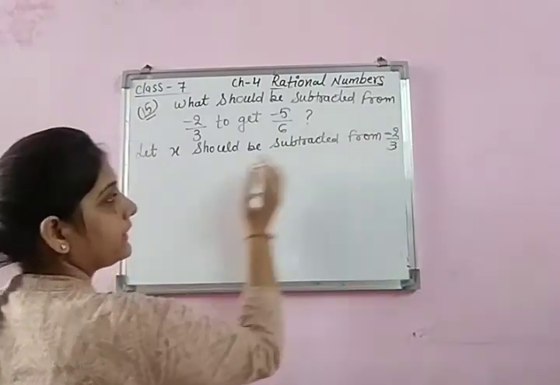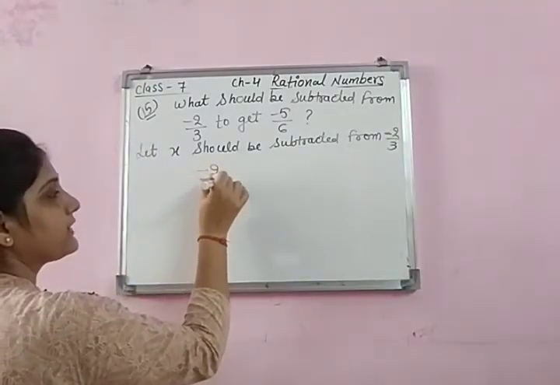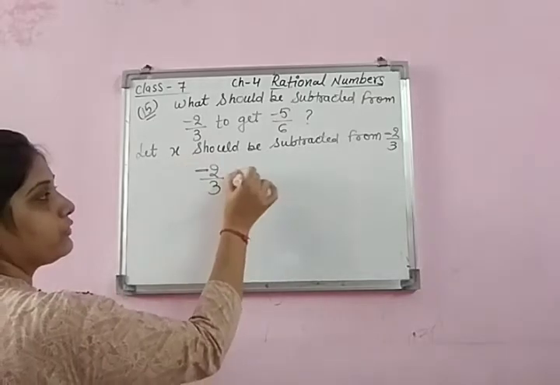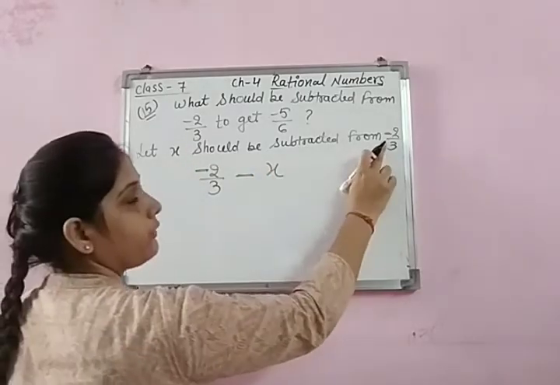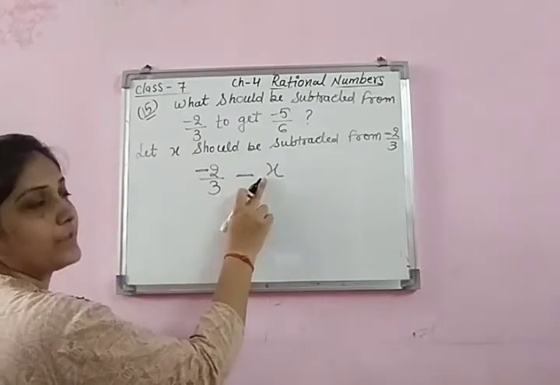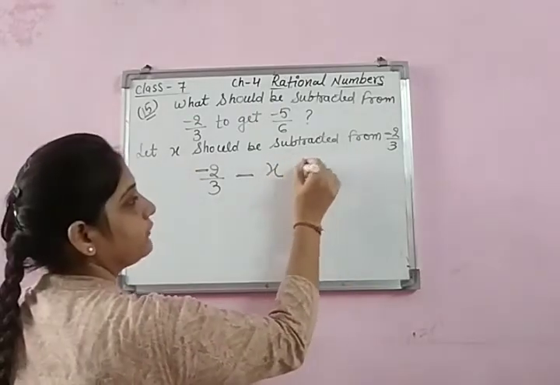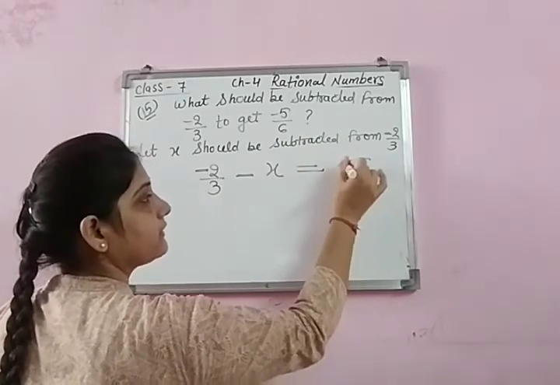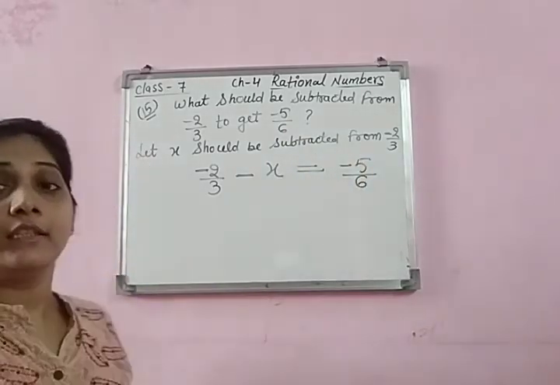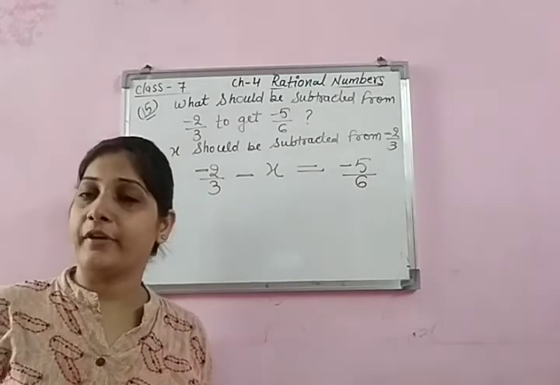So from number written first, I am writing -2/3. And what we have to do? Subtract what? X. From -2/3, I have to subtract x. It will give me the answer -5/6. Please learn how to frame the equation.